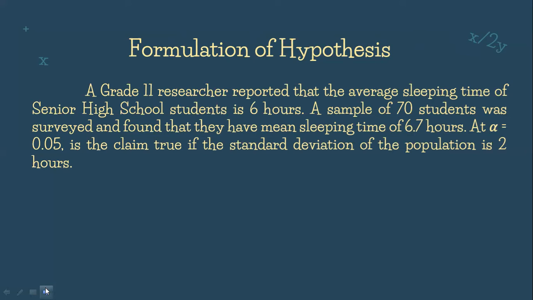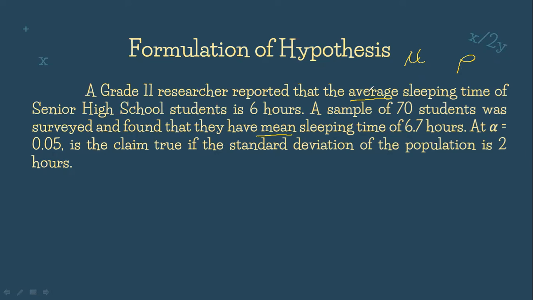So now, let's go back to the definition of hypothesis. The hypothesis definition says it is an assumption about the population parameter. And when we are dealing with population parameters, we will just look at two measures: either the population mean or the population proportion. You know it is the population mean when you see an average.